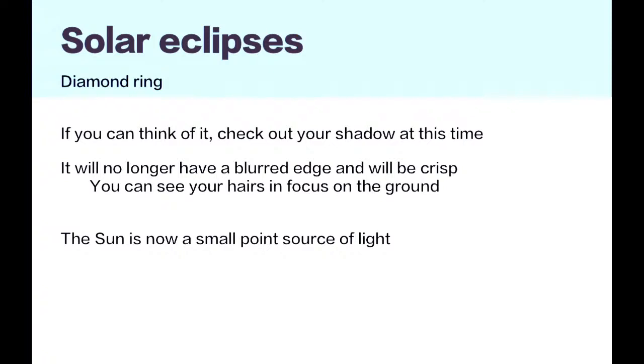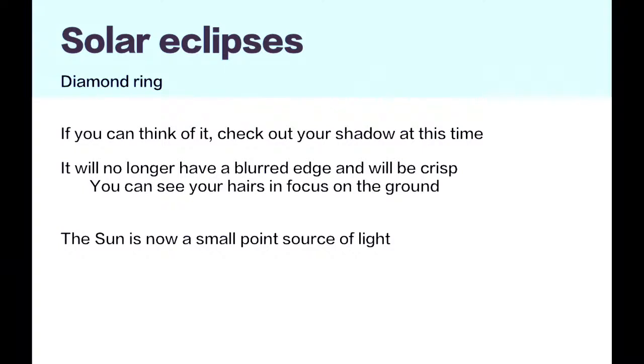Like if you're standing somewhere where you can see your shadow, because the sun, again, normally has a size, and so you probably don't think of this very much, but when you look down, you see your shadow, but it's kind of got like a little blurry edge. Your shadows aren't crisp normally. Like if you walk out now, you look at your shadow, you say, oh, there's my shadow, but it's kind of fuzzy around the edges. That's because the sunlight's coming from a disk, and it's shining at you from different directions, and it kind of fuzzes out your edge.